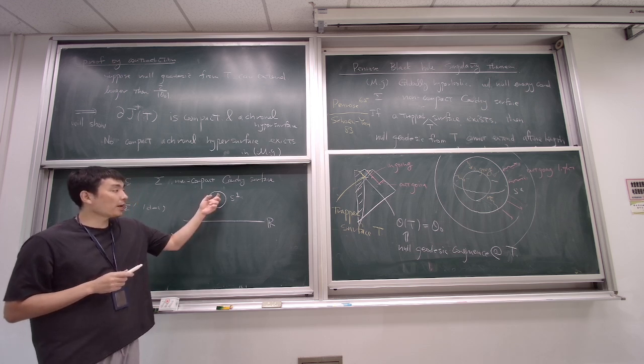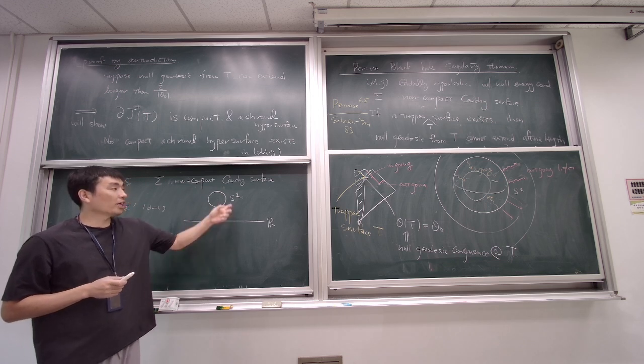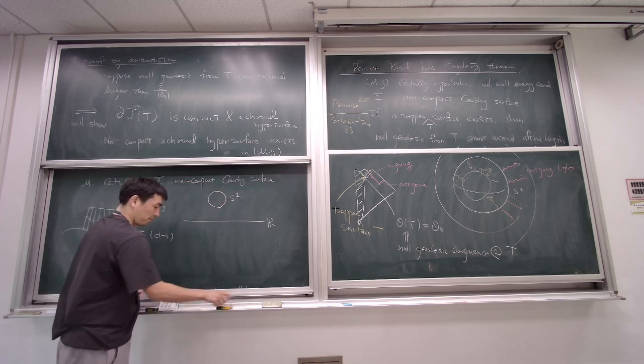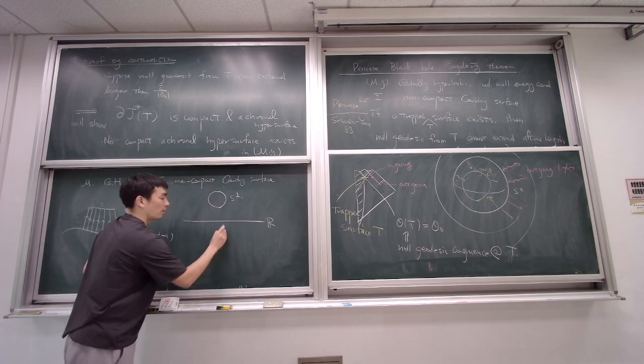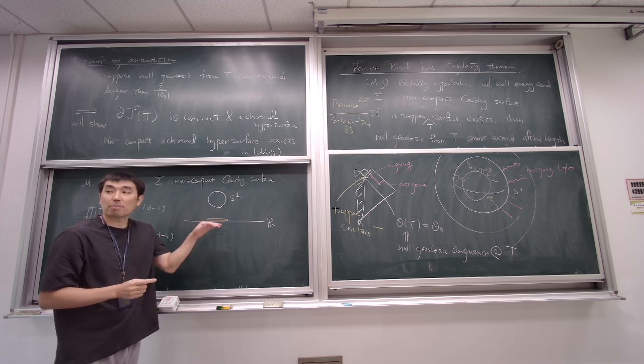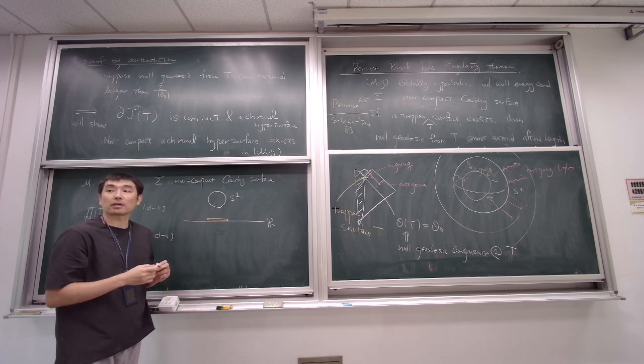There's no way to embed S1 into R. If you try to squeeze S1 into R, it goes like this, but this is not an embedding because there is an endpoint here.